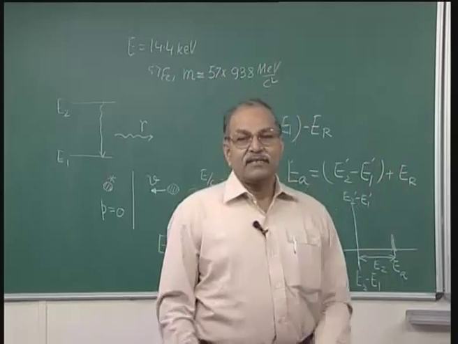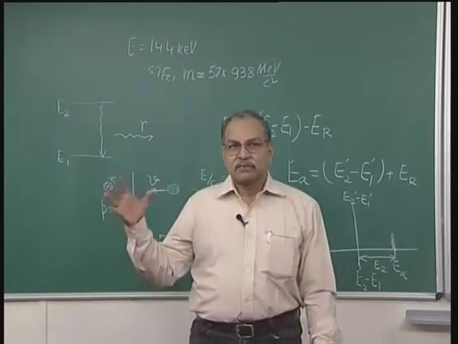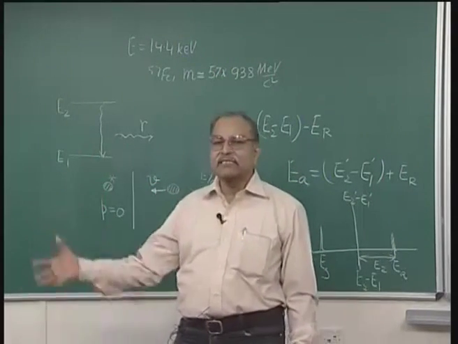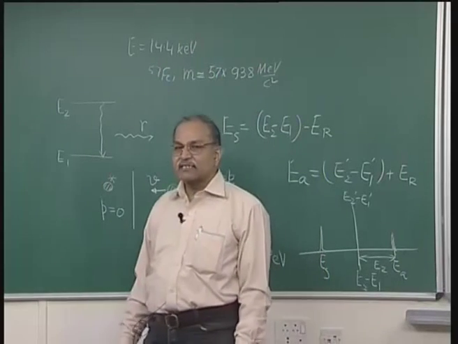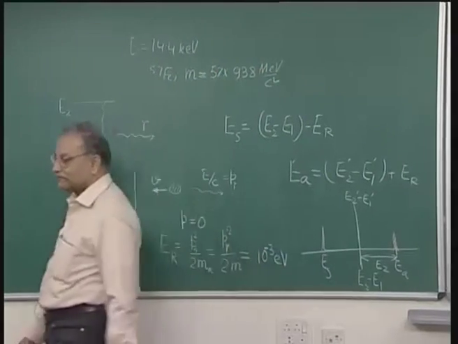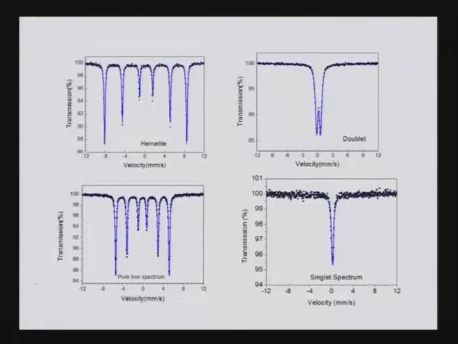So, with that I will just show you some real examples of Mossbauer spectra, which are there on the screen. On the screen you are seeing 4 spectra. As we discussed, take this first one.